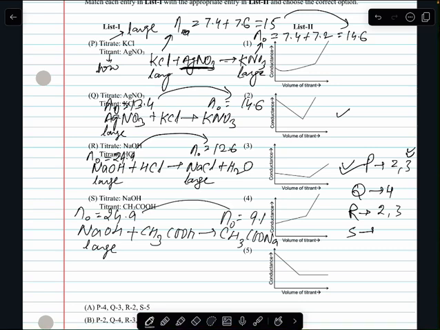Now over here the decrease is large, and after the titration is over, after the equivalence point, when we add more CH3COOH, the conductivity of the solution won't increase.